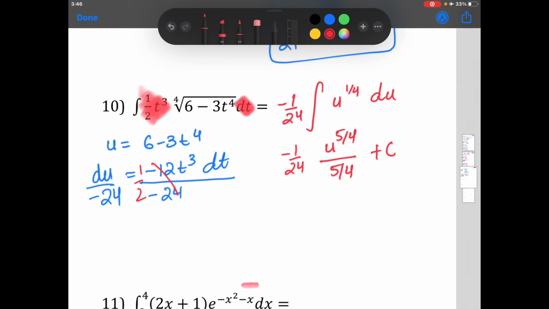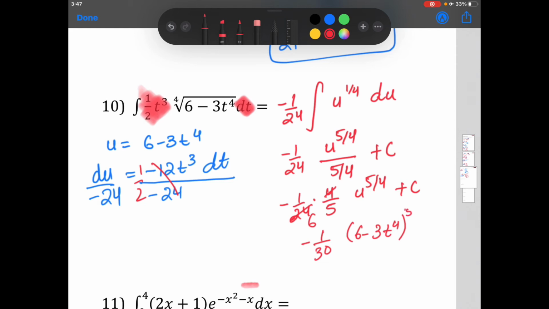Dividing by 5/4 is the same thing as multiplying by 4/5. So if I multiply this by 4/5 plus c, this cancels out. 4 goes into 24 6 times. So I have negative 1/30. Substitute back your u, which is 6 minus 3t to the 4th to the 5/4 plus c.